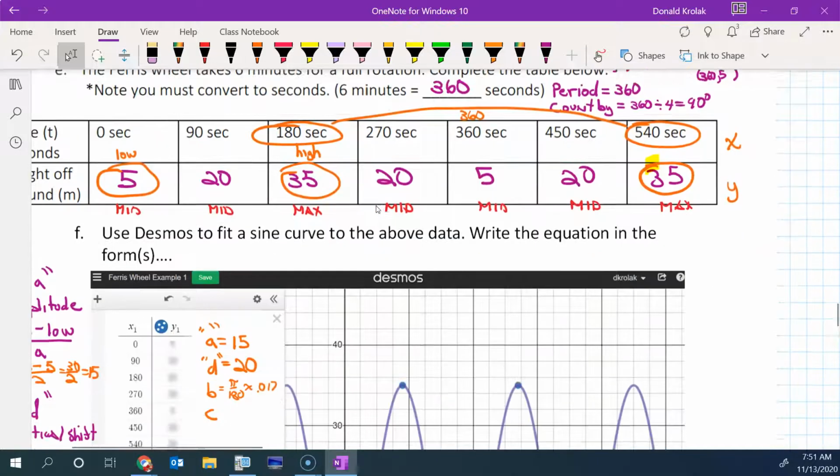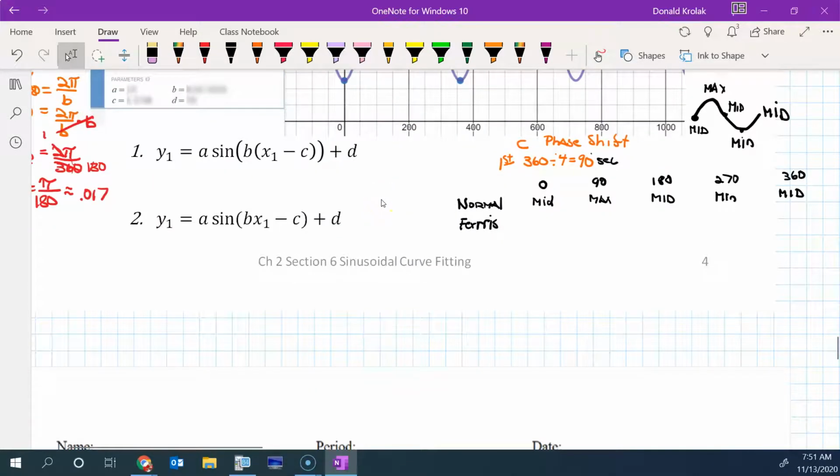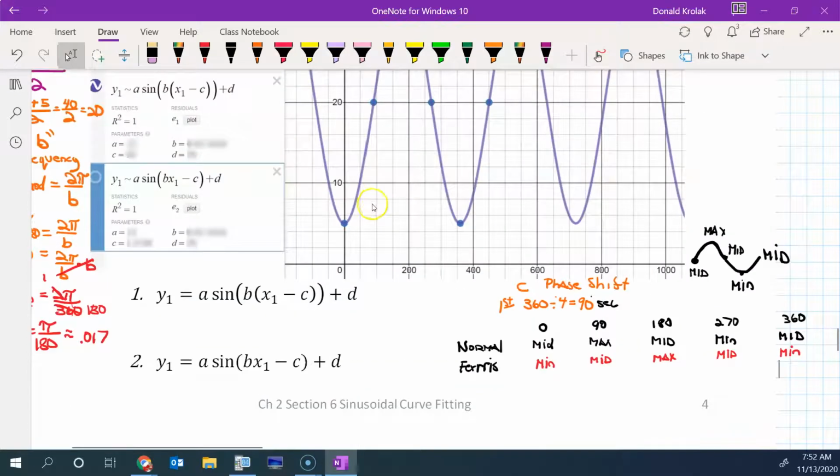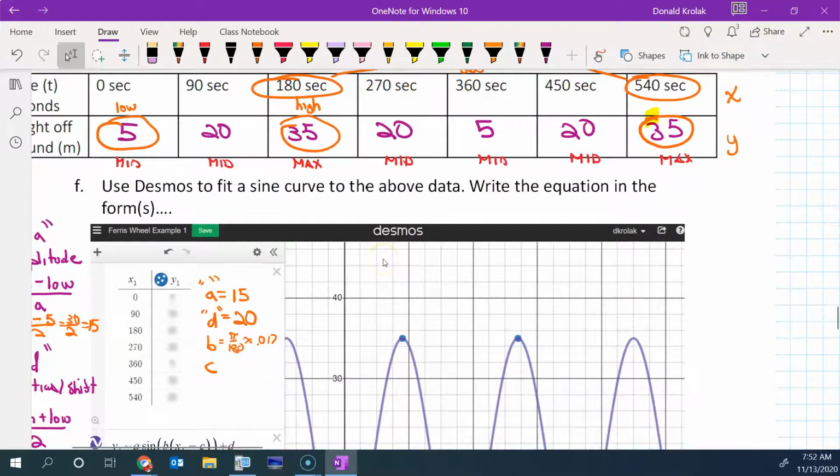So the data goes minimum, then mid, max, mid, minimum. Okay, these right here.